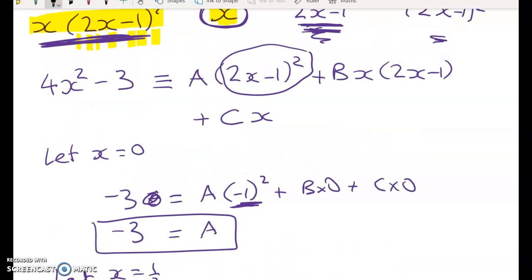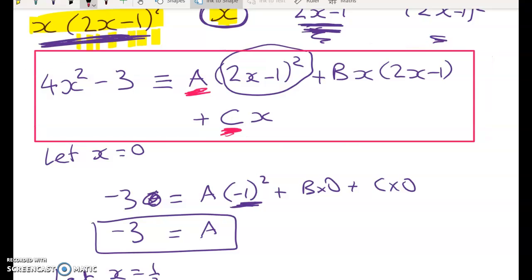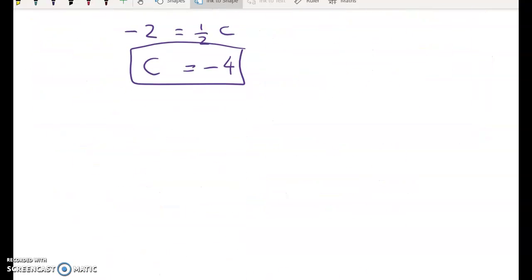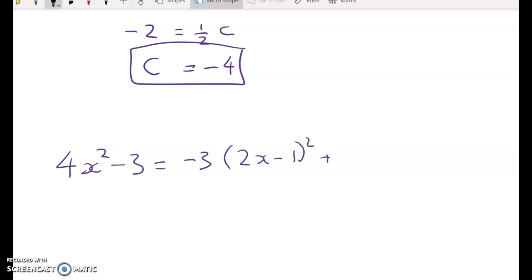Now I'm going to take those two bits of information, the A and the C, and plonk them back in. So let's write this out with that new information in it. 4x squared minus 3 is equal to negative 3 times 2x minus 1 squared plus Bx times 2x minus 1, and then plus Cx, so plus negative 4x.